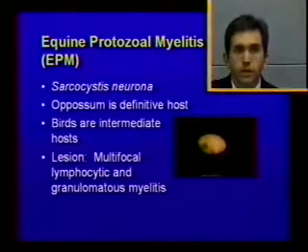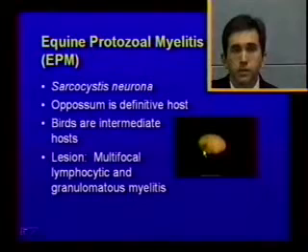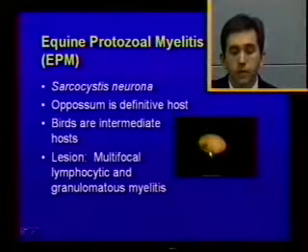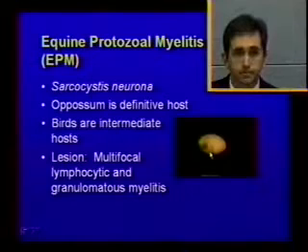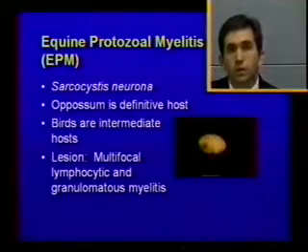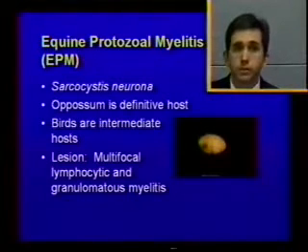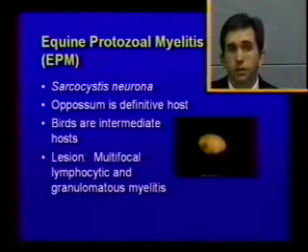And this figure shows the presence of a site of inflammation in a cross-section of the spinal cord. It's this dark area, and this is the cross-section of a spinal cord of an infected horse. If we were to look at this histologically, what we would see is a multifocal, lymphocytic, and granulomatous myelitis. So the inflammatory cells that we would see would be lymphocytes and macrophages surrounding this site of parasitism.